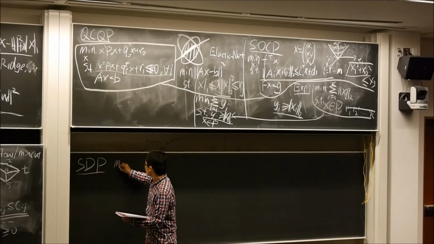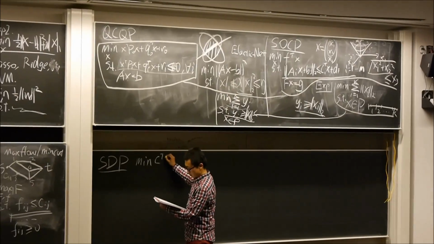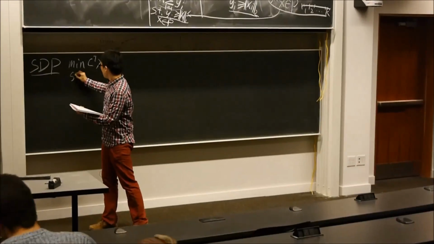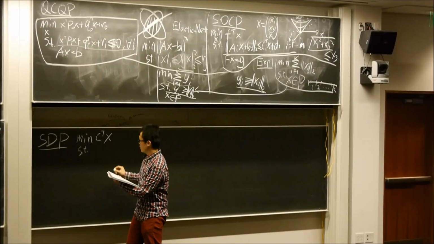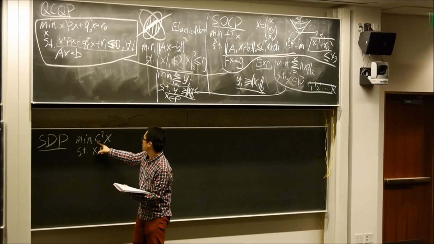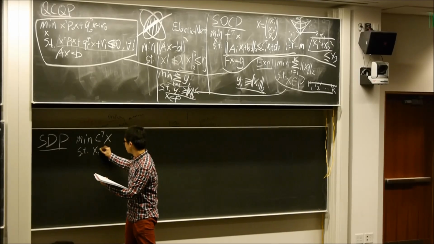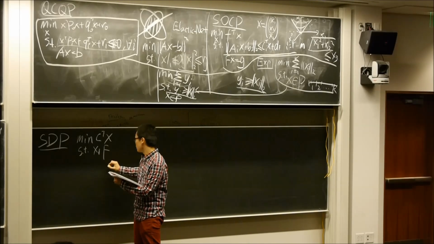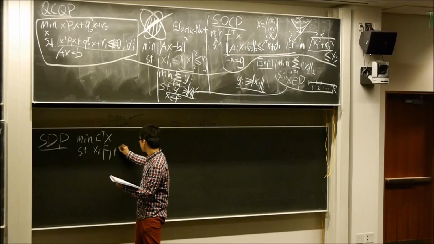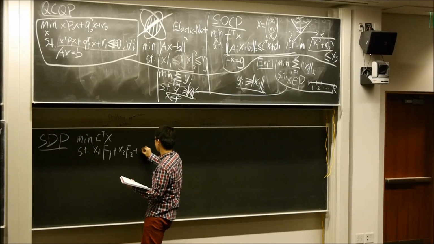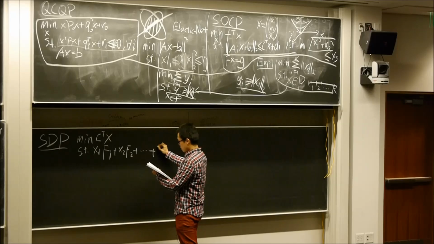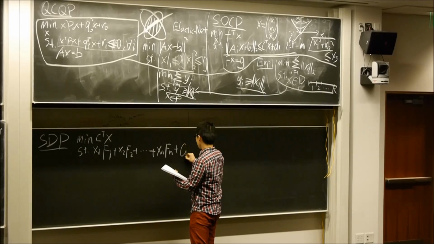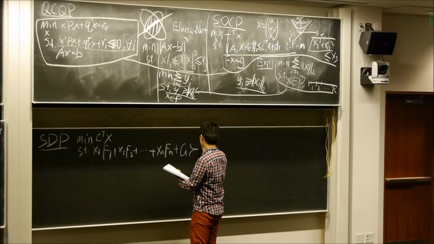So these are just vectors, and all the semi-definite programs can be written in this form with a linear constraint and a linear matrix inequality: x1 F1 plus x2 F2 plus up to xn Fn plus G to be positive definite.